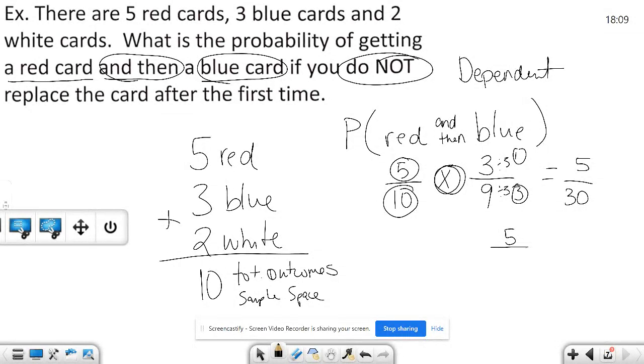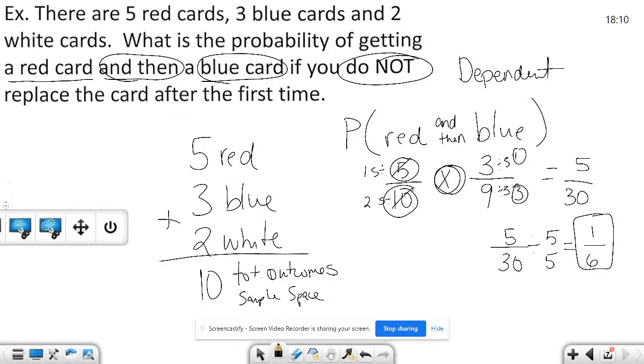And I could have simplified it a little bit further, but 5 over 30, I need to simplify again. 1 over 6, sorry. So the probability of these 2 events happening is 1 out of 6. So I could have simplified that and that, divided by 5, and that equals 1. 10 divided by 5 equals 2. So that would have been 2 times 3, which is 6, and 1 times 1, which is 1.